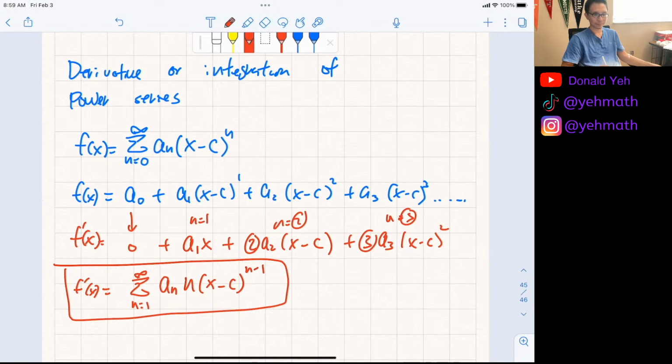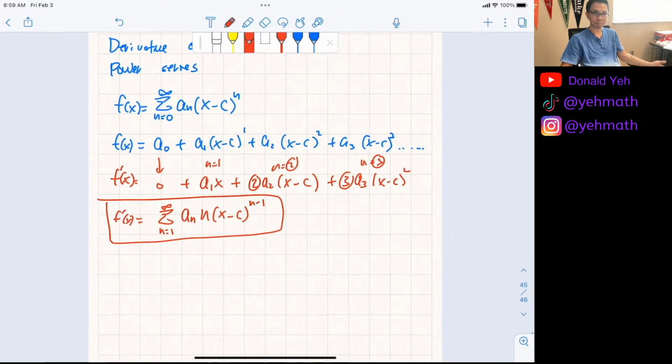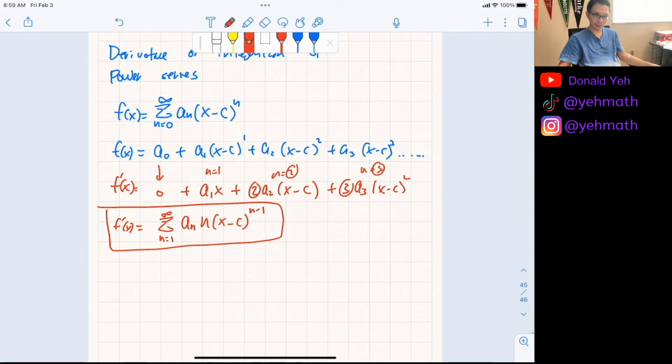Am I going too fast? Now let's take the same f of x function, but instead of the derivative, I'll take the integration. What happens if I integrate a0? You get a0 x, right?